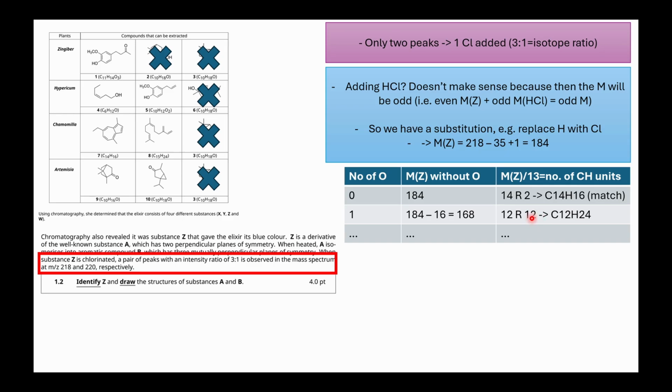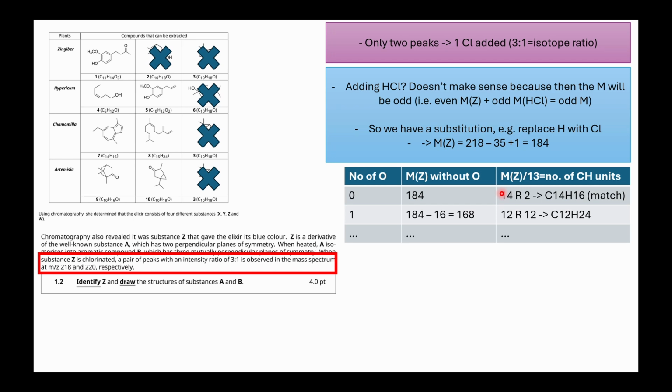So this 12 here could mean a carbon or 12 hydrogens. But here we see all the compounds definitely have more hydrogens than carbons, so we're not going to care about the C13H12 case.